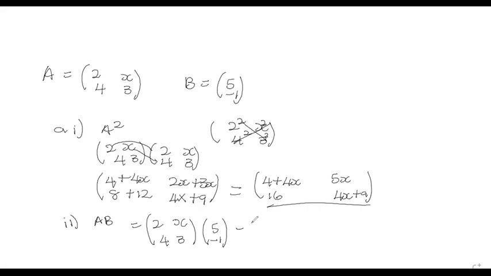So this one gives you 10 minus x, and 20 minus 3. You will say this one multiplied by this one plus this one multiplied by this one, which is equal to 10 minus x. Then you go on to say 4 multiplied by 5 plus 3 multiplied by minus 1, which gives you minus 3.